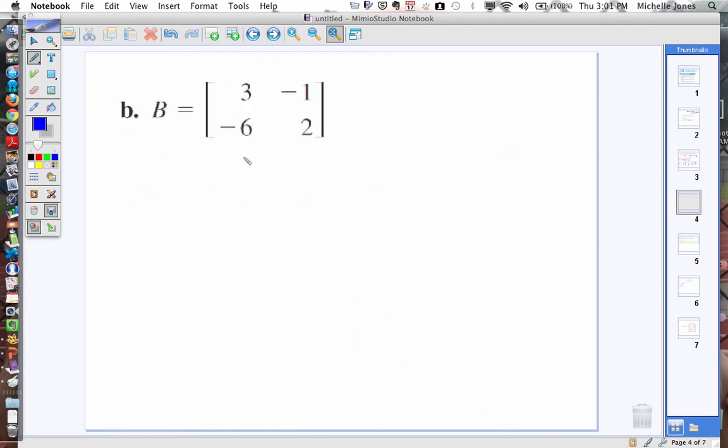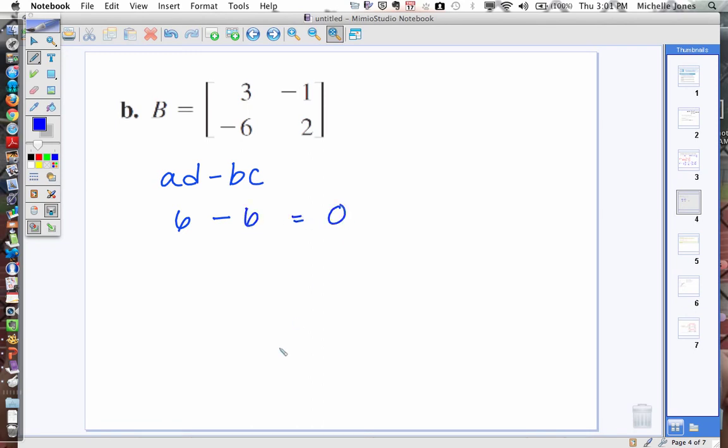Let's try another one. Here we have matrix B. You've got 3, negative 1, negative 6, and 2. So the first thing we want to do is find our determinant. So A times D is 6 minus, here you get negative 6 times negative 1 is a positive 6.